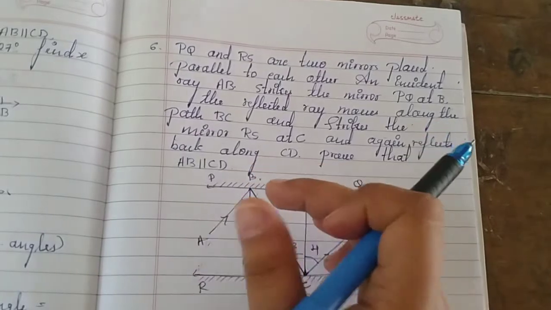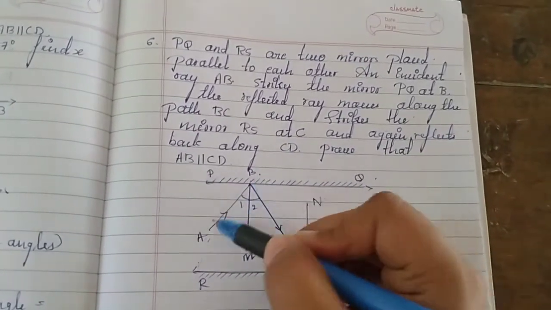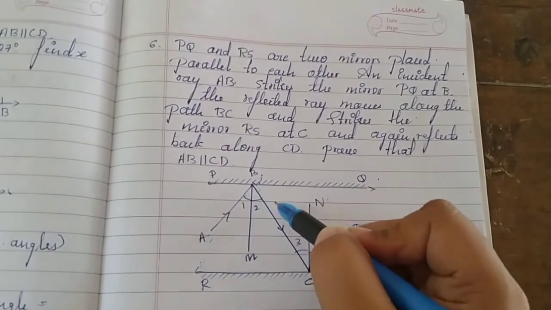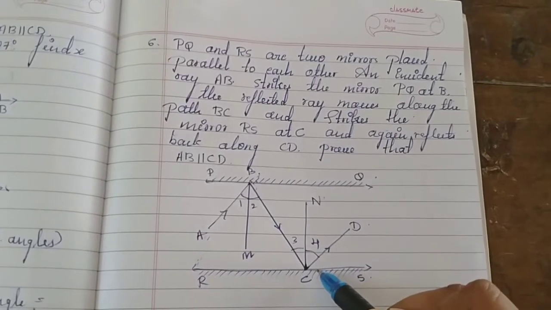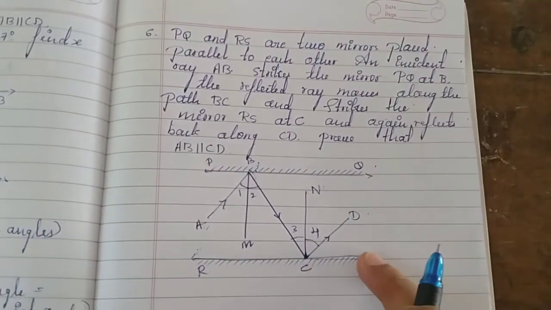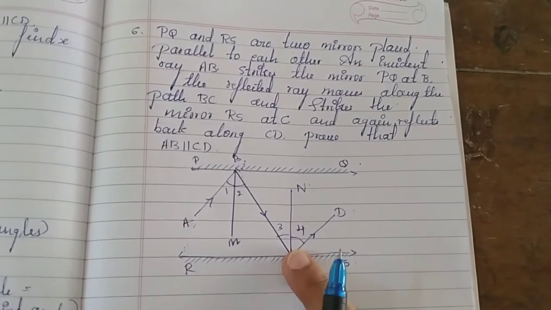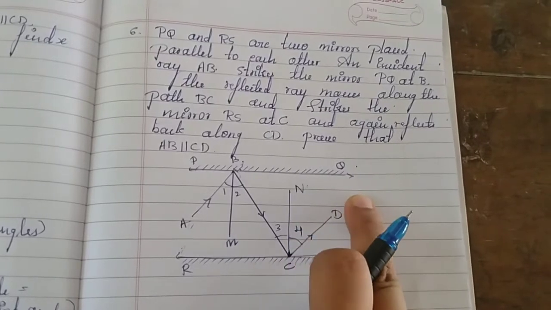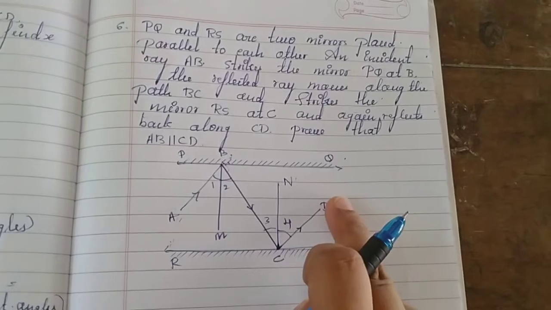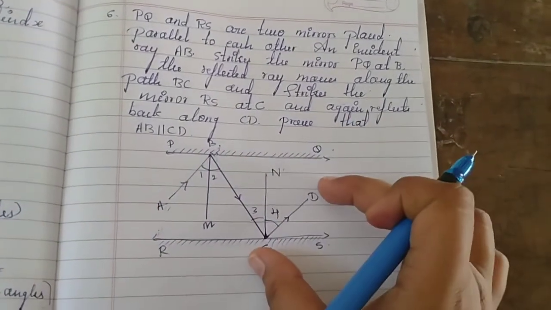So incident ray AB strikes the mirror PQ at B. Okay, so after that the reflected ray BC strikes the mirror RS at the point C, and again it reflects back along CD. So you have to prove that AB is parallel to CD.